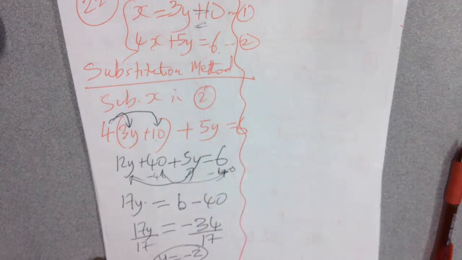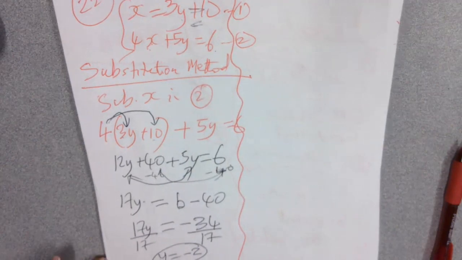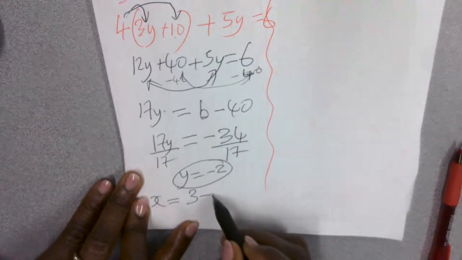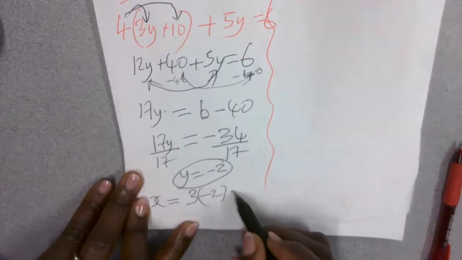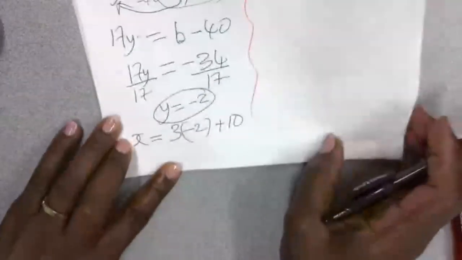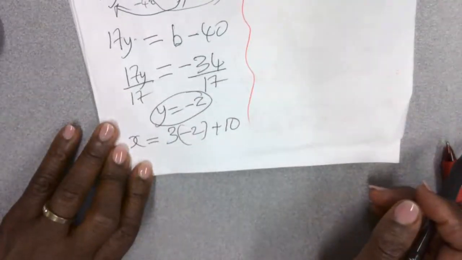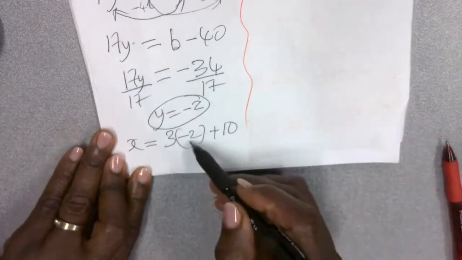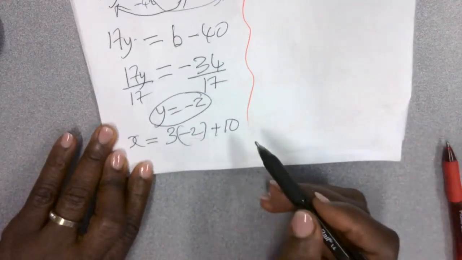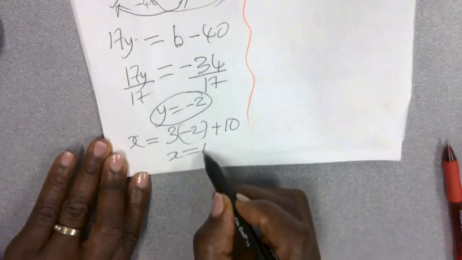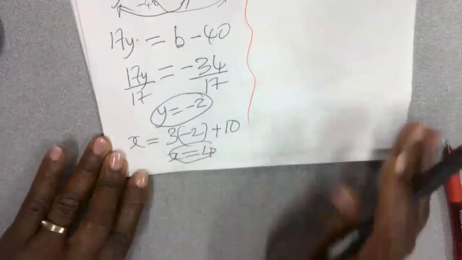So I will say x is equal to 3, substitute the value of y, plus 10. Is that clear? And then 3 times negative 2 is negative 6 plus 10 is equal to 4.